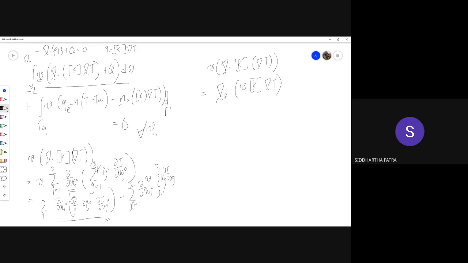So I'm multiplying a scalar to that, and once I multiply with a scalar, this still is a vector.